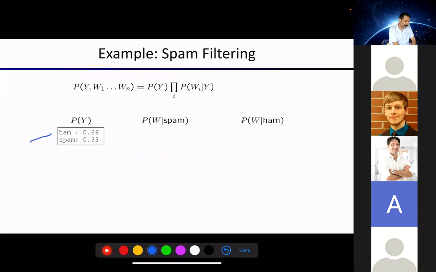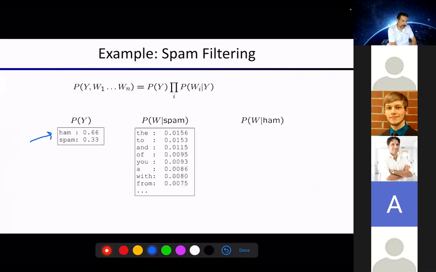This is your prior. It assumes that 2/3 of your emails are probably benign, 1/3 might be spam, and then you have this conditional probability, meaning: given W, if the W is D, given it is a spam, what is this probability?